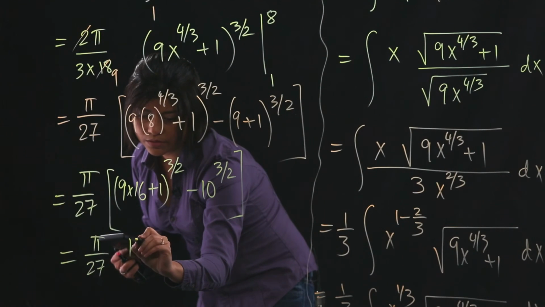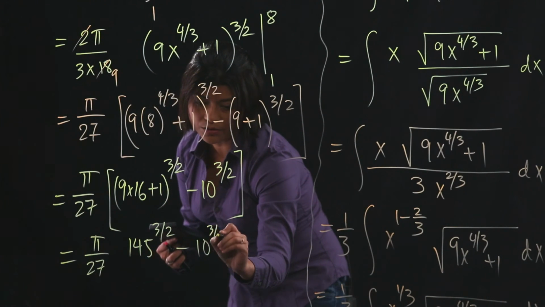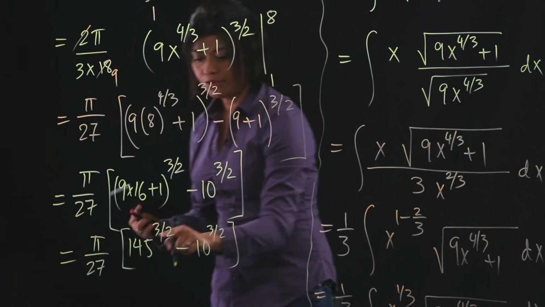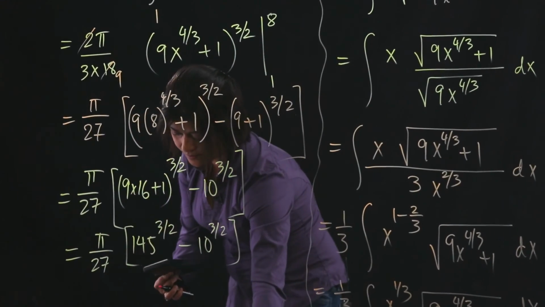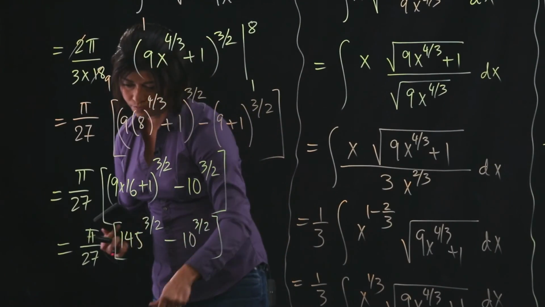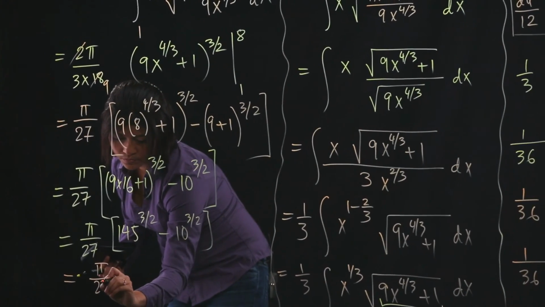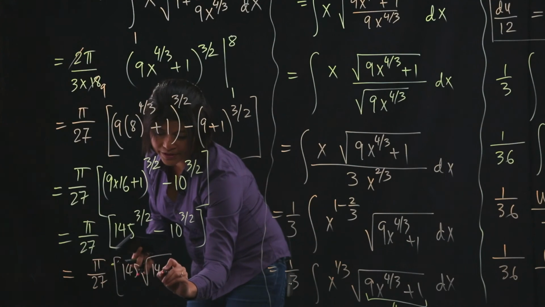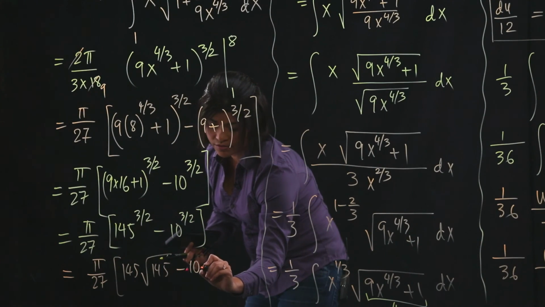So this is 145 to the power 3/2 minus 10 to the power 3/2. And if you want, you can rewrite it as 145 square root 145, and the same with 10 to the power 3/2 is 10 square root 10.